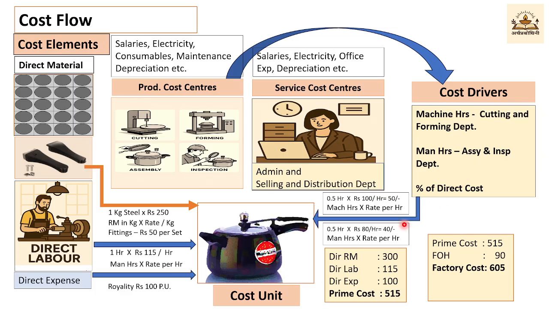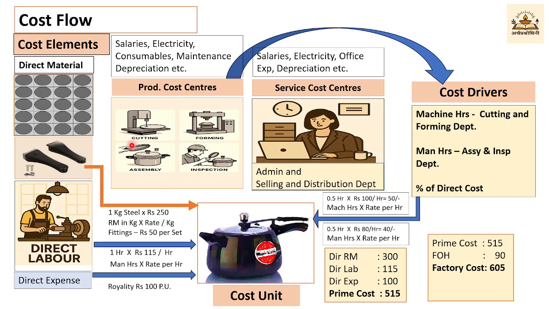Now you will absorb this rate in the product. That is 0.5 machine hour into 100 rupees, 50 rupees, and 0.5 man hour into 80 rupees per hour, 40 rupees. So the total, 50 plus 40, 90 rupees, will be loaded in the product as factory overhead. Why?